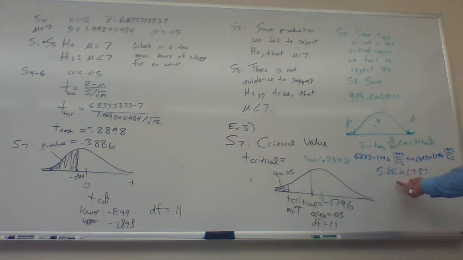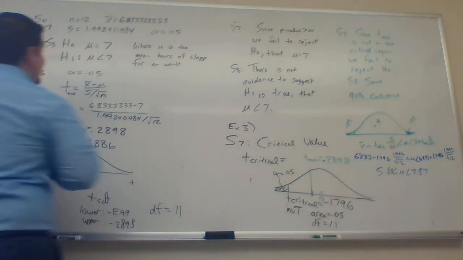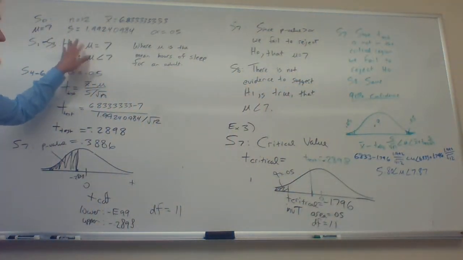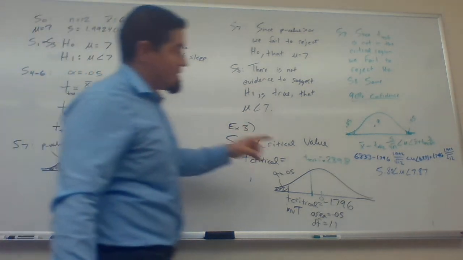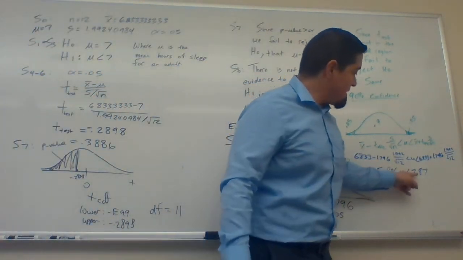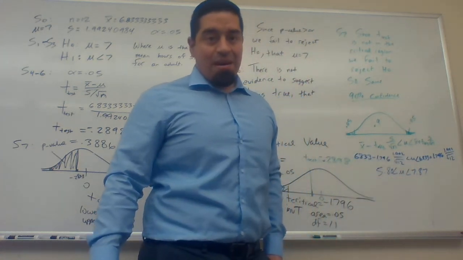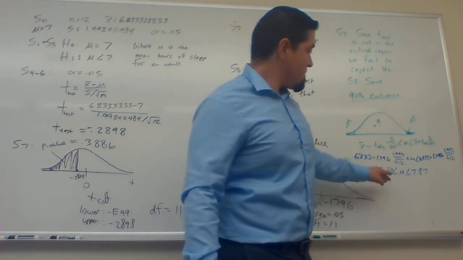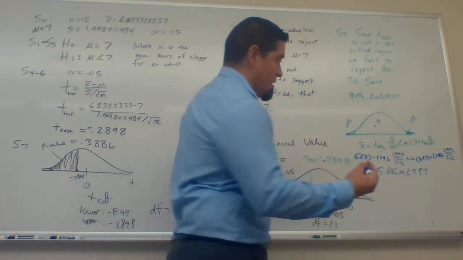Ask yourself this question: is that evidence for the null hypothesis or evidence against the null hypothesis? Well, if we're 90% confident that the mean is between 5.8 and 7.87, that would be evidence for the null hypothesis, since the null hypothesis value is contained in it.